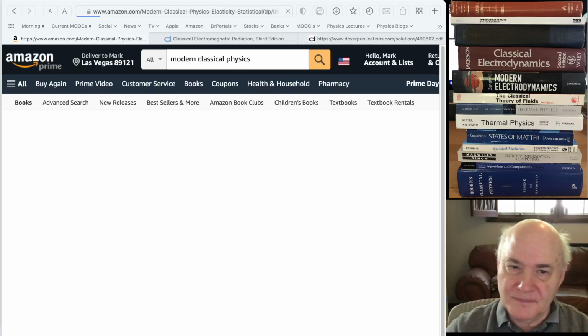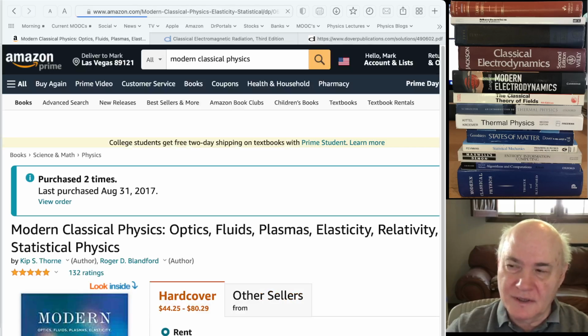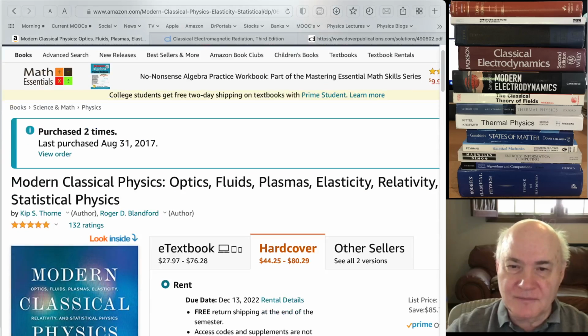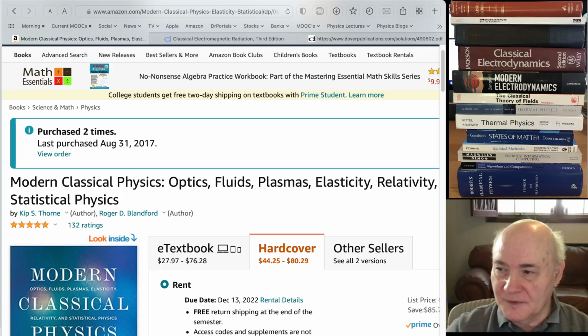Finally, at Caltech, as part of the candidacy courses, you were required to either pass exams or take a couple of courses. These courses were taught by various professors, but Kip Thorne and Roger Blandford used to teach various sections of this course, and it took them about 40 years to finally publish the book.